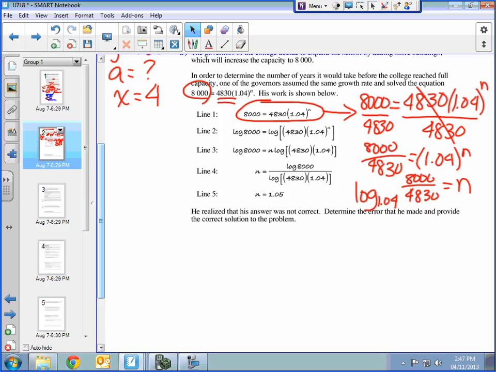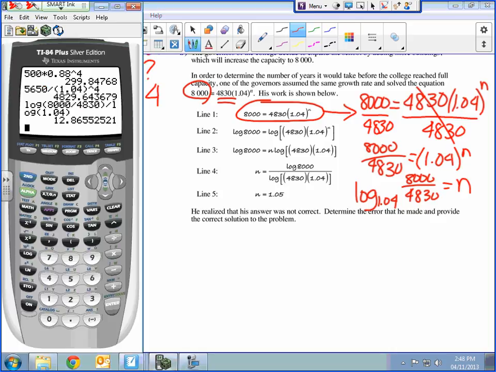So n equals 12.86. In order to determine the number of years it would take to reach full capacity, if it's 12.86, what is the total number of years it would take? Yep. Did you go log of 8,000 divided by 4830, close your bracket, divided by log of 1.04?